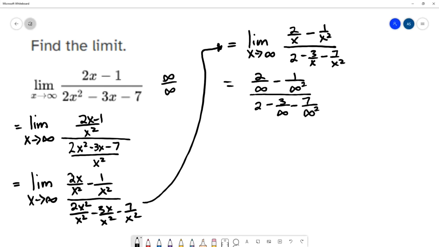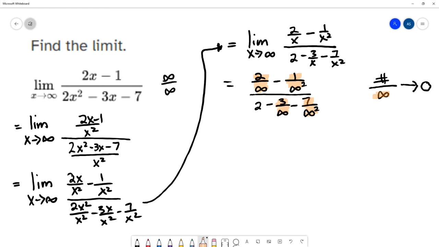So another thing that we did, we turned each one of these fractions into something that we know how to calculate the limit of. When we have a fixed number in the numerator and infinity in the denominator, infinity means that the denominator is getting larger and larger. That means that this overall fraction is getting closer and closer to 0.